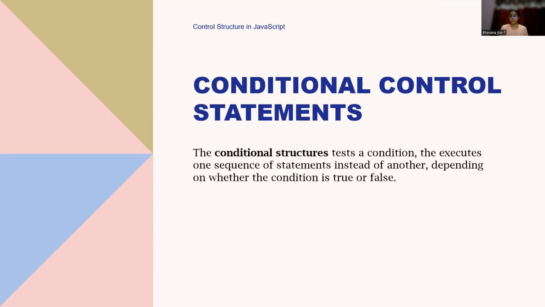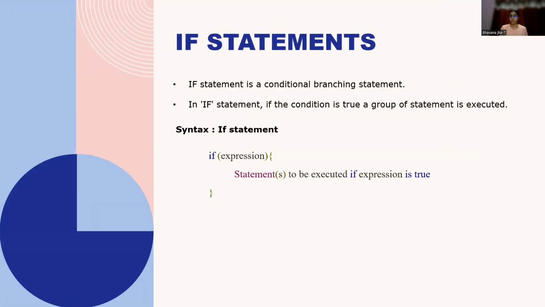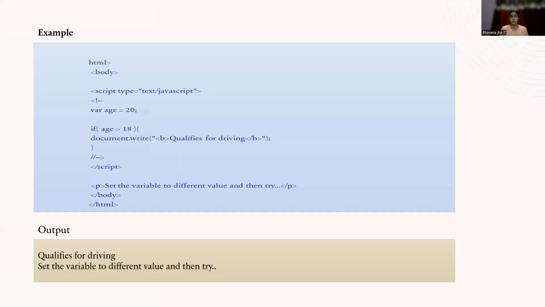So the first conditional statement is the if statement. In the if statement, a simple if statement is given over there, in which we have some condition, some expression. If this expression is true, then the statement gets executed, and there is no other statement over there. So let's see the example of the if statement.